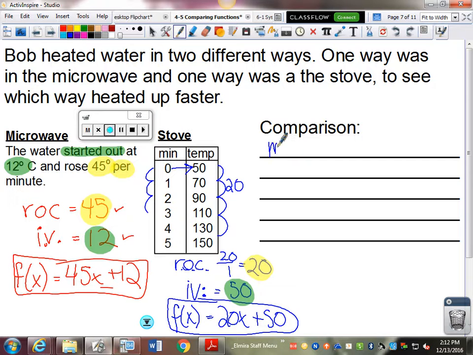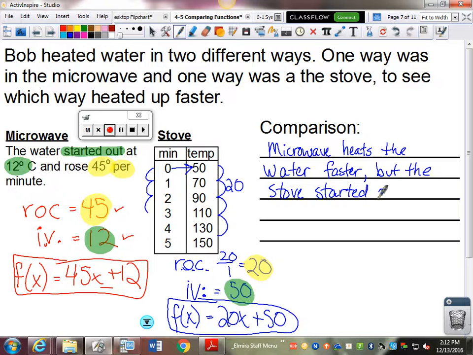So the microwave heats the water faster, but the stove started out with warmer water.